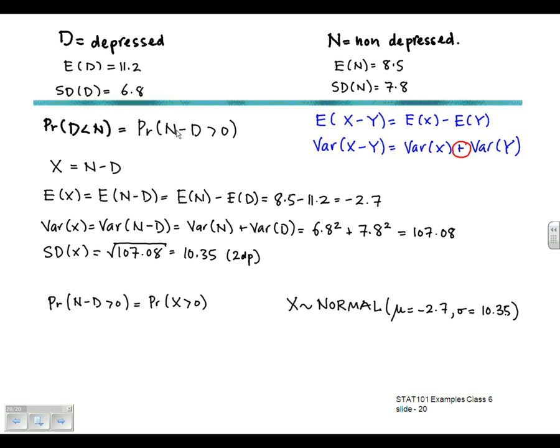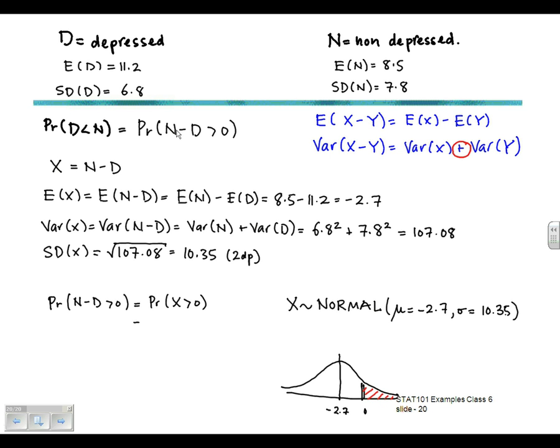So again here, in order to calculate this probability, we could do a small sketch which shows us we have a distribution with a mean of negative 2.7, and we want the probability that x is bigger than 0. So 0 is on the right-hand side of the minus 2.7, and we want the probability that x is bigger than 0, so that right-hand side probability.